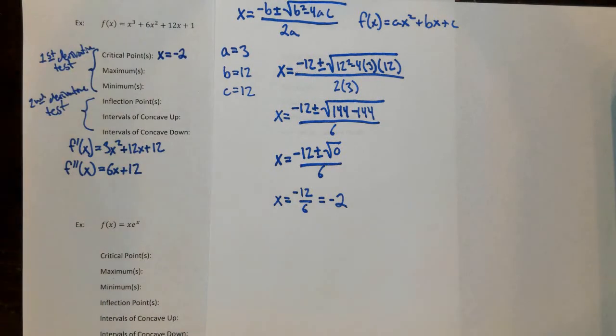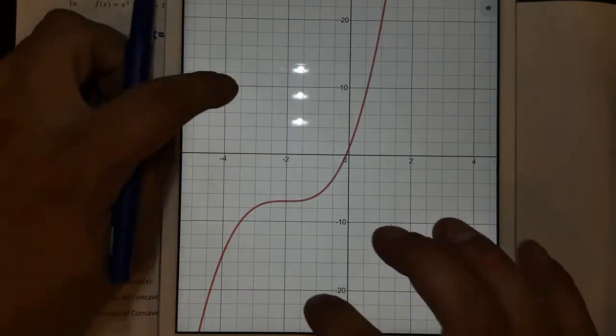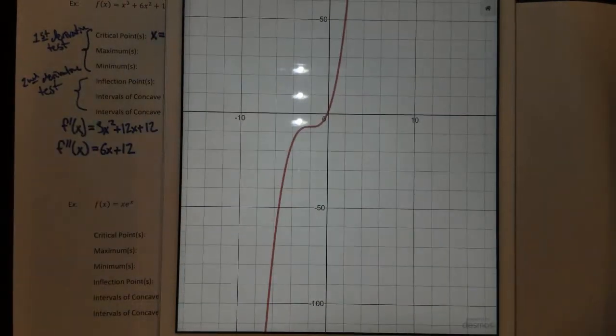Now let's use Desmos to determine if it's a max or a min. Let's see, I want to try to get this nice looking for us. Okay. So here's our f of x. Here's our original function.